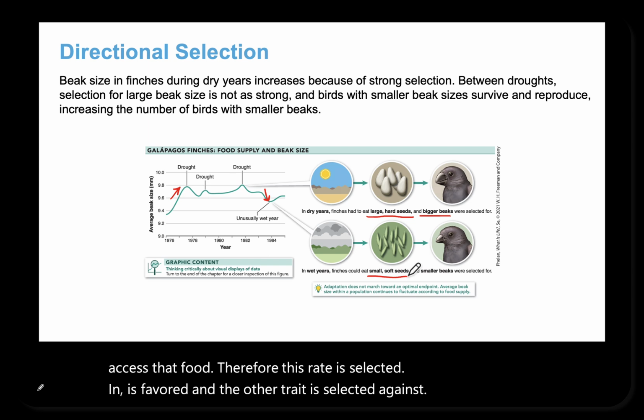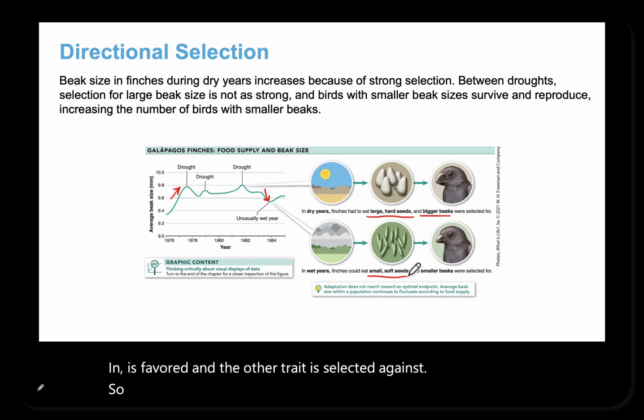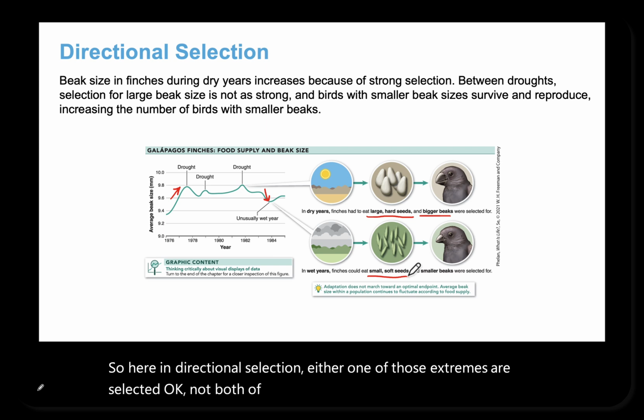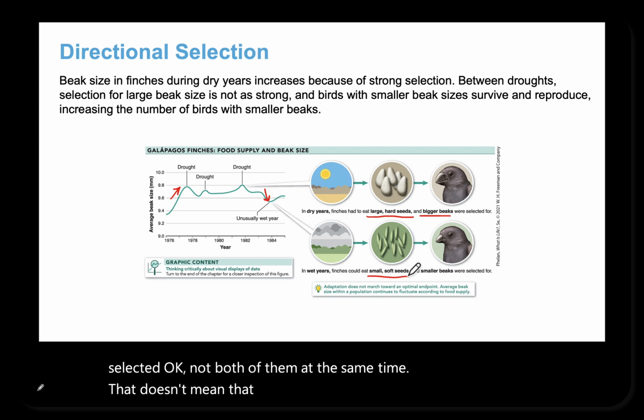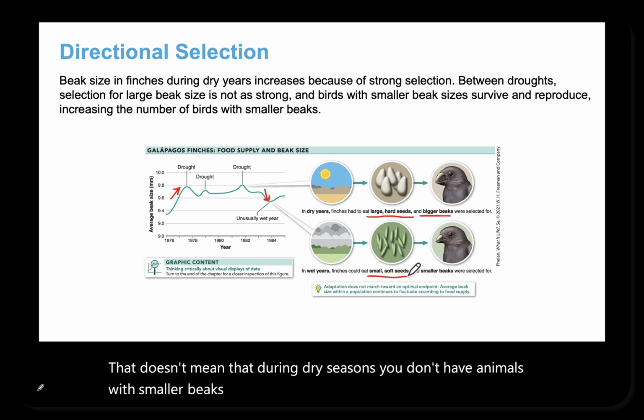So in directional selection, either one of those extremes is selected, okay? Not both of them at the same time. That doesn't mean that during dry seasons you don't have animals with smaller beaks. Yes, they are still there, but they are less numerous in that population.